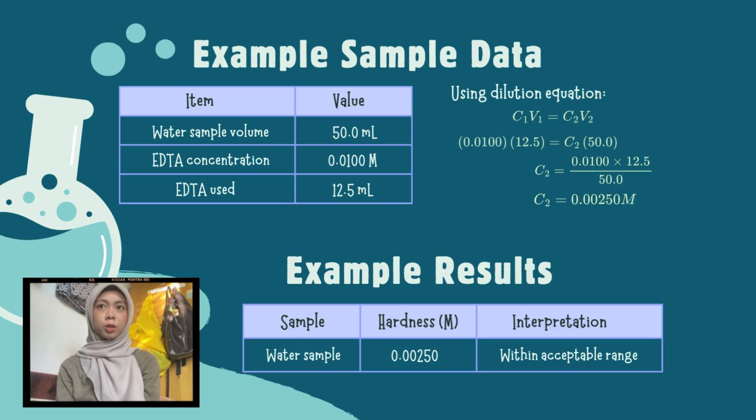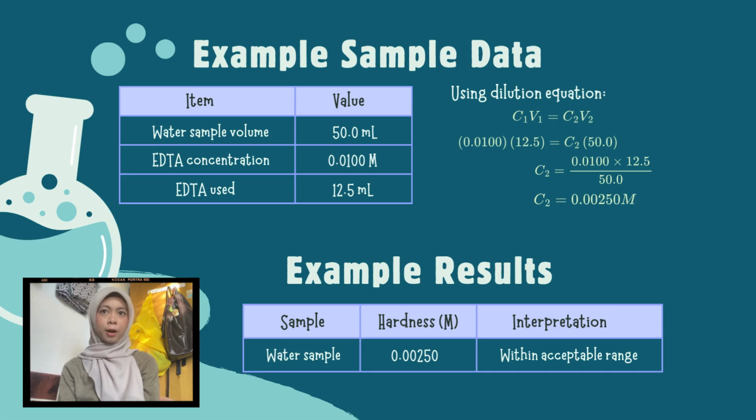The endpoint was reached after 12.5 ml of EDTA was added. Using the equation C1V1 equals C2V2, the concentration of hardness ions was calculated to be 0.0025 molar. Based on the result, the water is within the acceptable range and does not require additional softening.